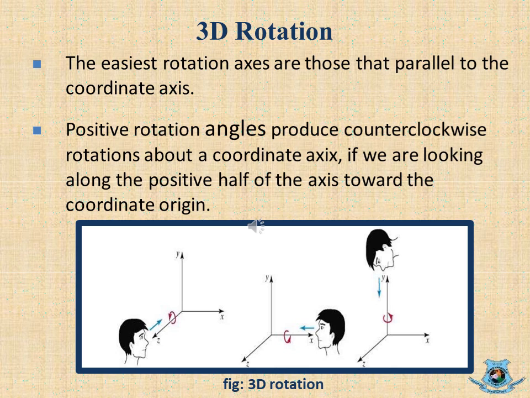The easiest rotation axes are those that are parallel to the coordinate axes. Positive rotation angles produce counterclockwise rotations about a coordinate axis, if we are looking along the positive half of the axis toward the coordinate origin.